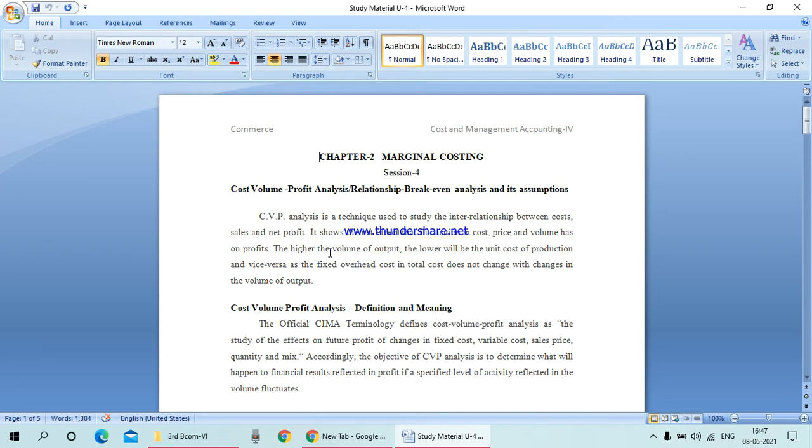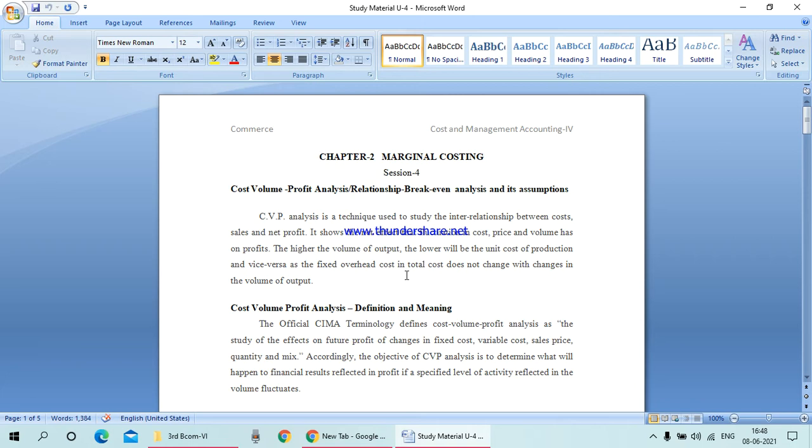See, the higher the volume of output, the lower will be the unit cost of production. That is true. We know that higher volume or an increase in the number of output reduces the unit cost of production, and again vice versa. That means a decrease in the volume of output increases the unit cost of production.